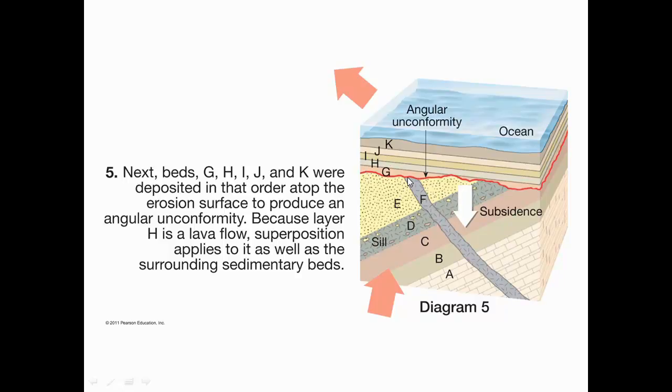It's labeled here, but notice that old erosional surface ends up as an angular unconformity, because for the most part it's overlain and underlain by sedimentary rocks that occur at different angles.